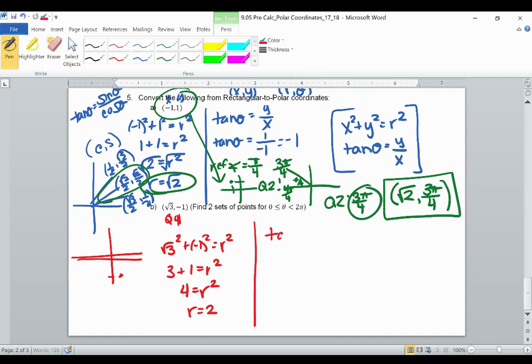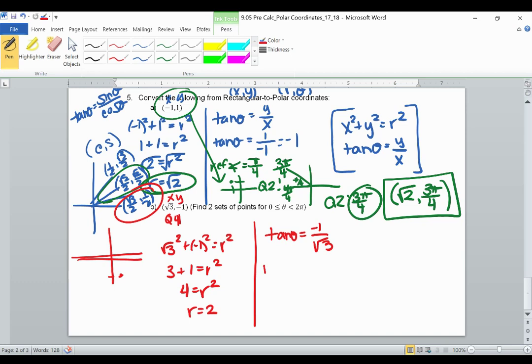And now we need to find theta. So tan theta equals y over x. So my y is negative 1 over rad 3. Again, let's look here for which one it is, as we're going to try to do this without a calculator. Sine is negative 1 and cosine is rad 3. So that looks like it's going to give us this one right here.